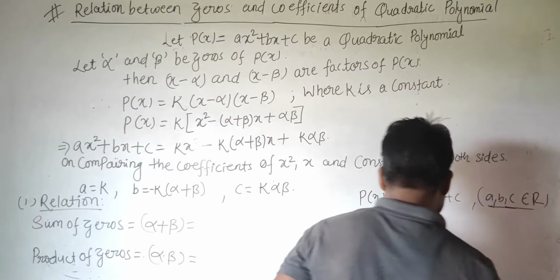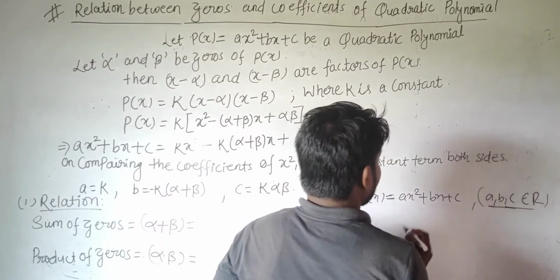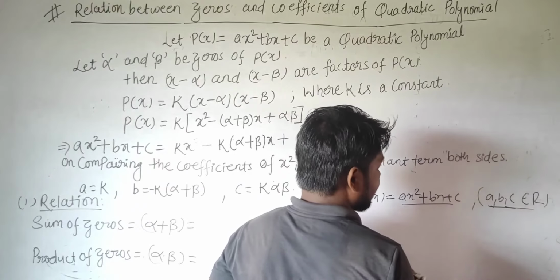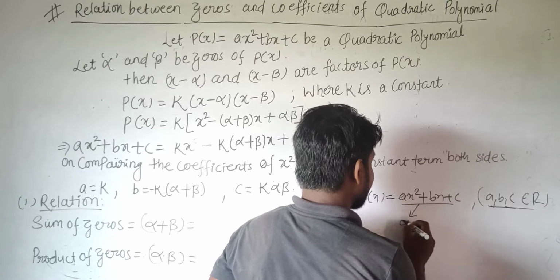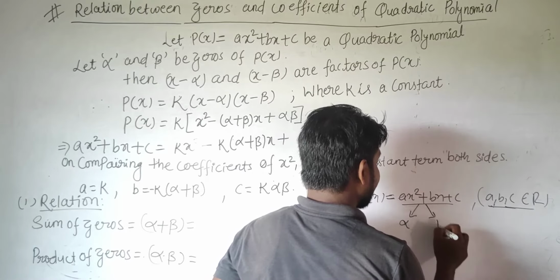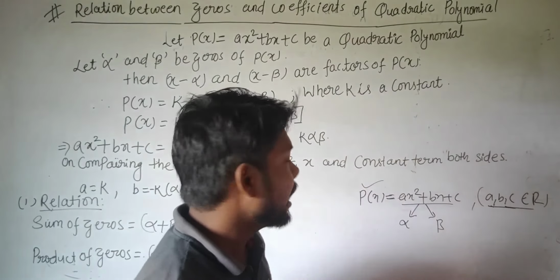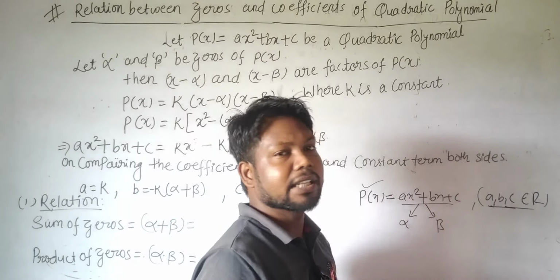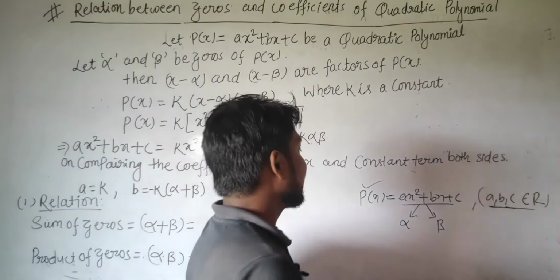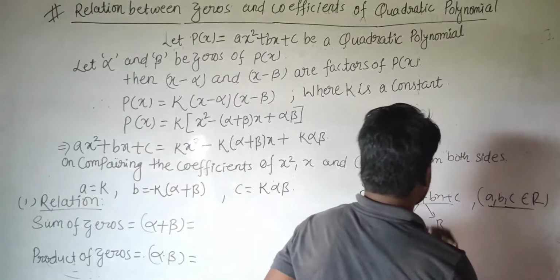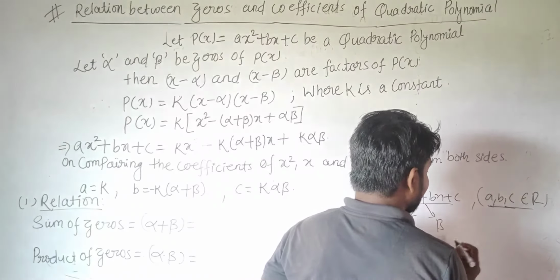Okay, and suppose this quadratic polynomial has two zeros, alpha and beta. Because this polynomial is a quadratic, and a quadratic polynomial is a second degree polynomial, therefore it has two zeros.